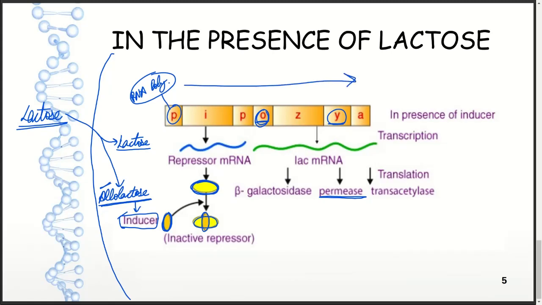and here transcription will take place, resulting in the formation of mRNA, known as lac mRNA. Then translation will take place, and as a result of translation, beta galactosidase, permease and transacetylase are formed.